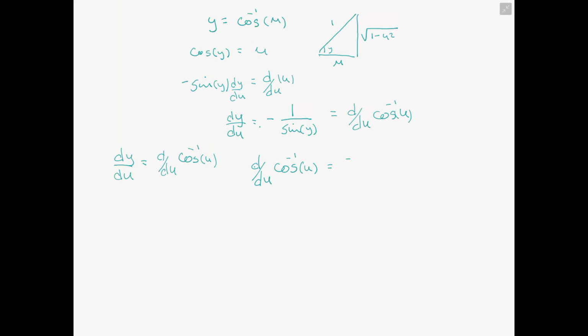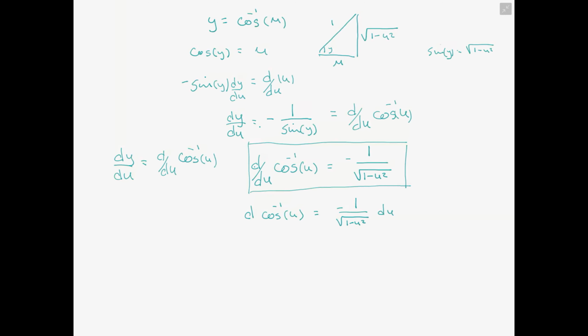But then, if we switch things around, d/du of arc cosine of u is equal to, again, minus 1 over sine of y. So we got minus, but 1 over sine of y equals 1 over the square root of 1 minus u squared. And that's our derivative. We did these earlier.